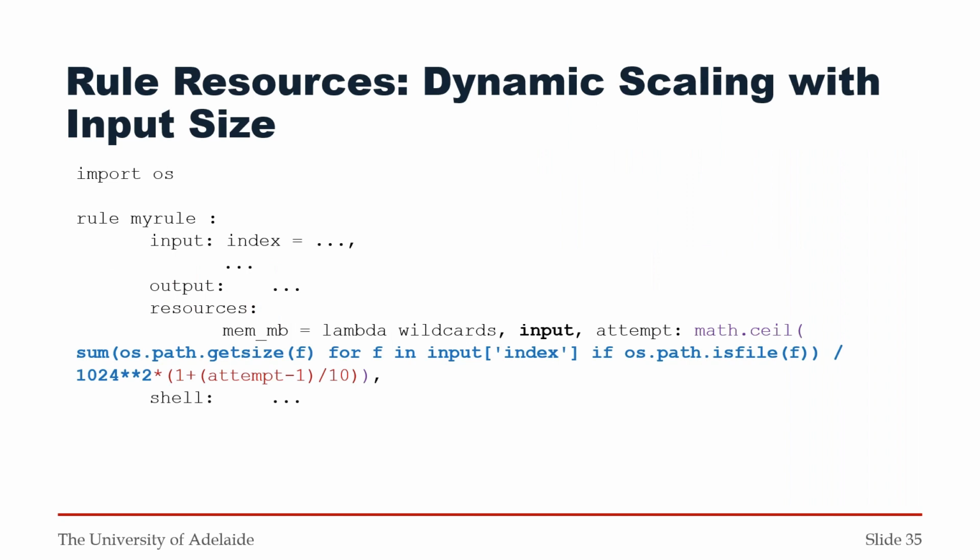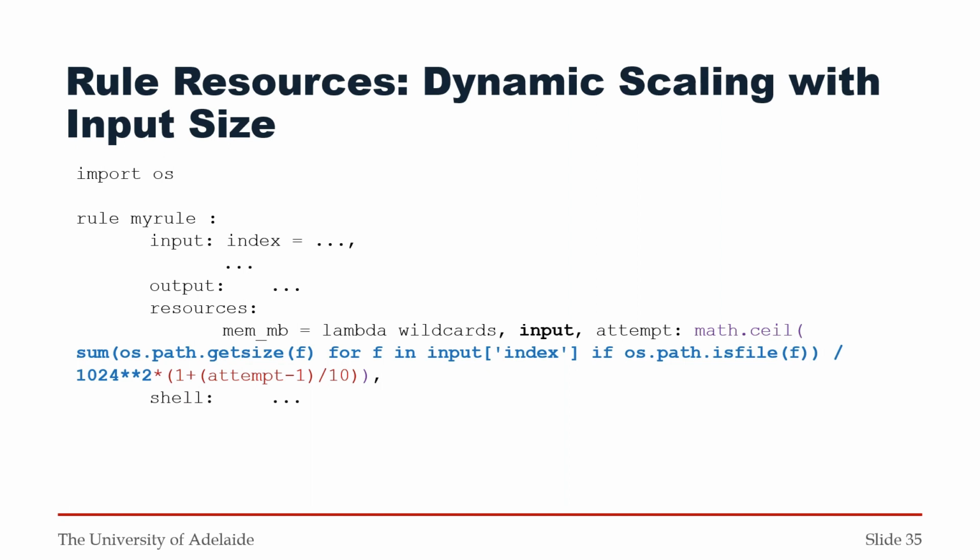The next logical step is that, okay, we have this thing that tries to get jobs over the line if they fail because of resource limitations. However, maybe a more interesting approach is to generate a resource requirement that is dependent on the input file sizes. In this case, I've got an example of taking the size of the input index file or files, depending on how many files are specified.